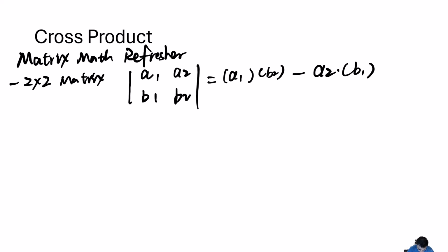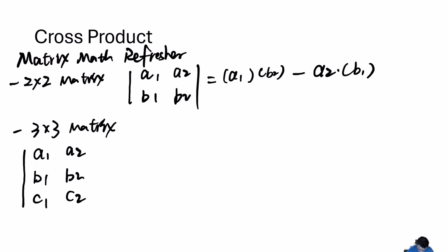And what about a 3 by 3 matrix with A1, B1, C1, A2, B2, C2, A3, B3, and C3?